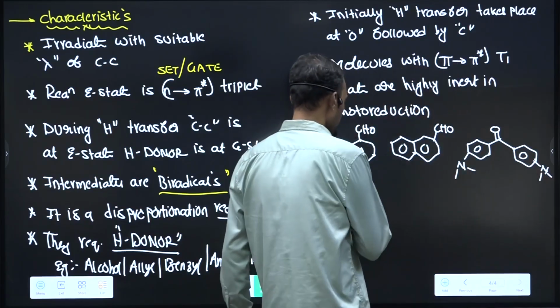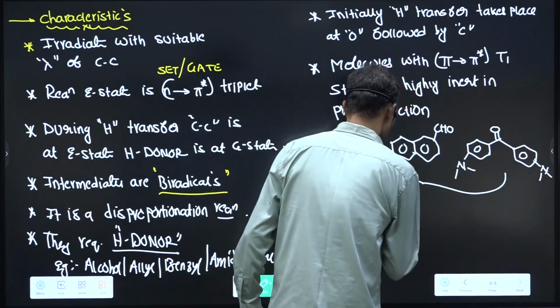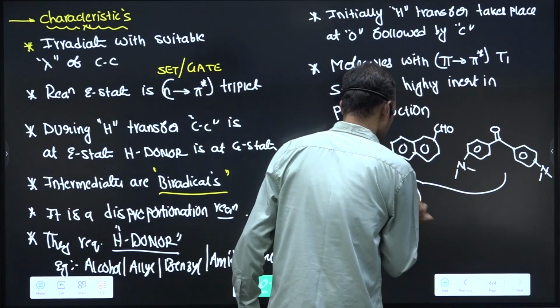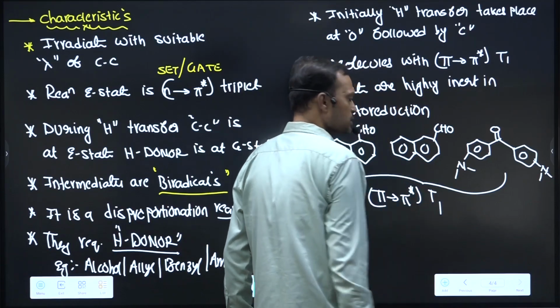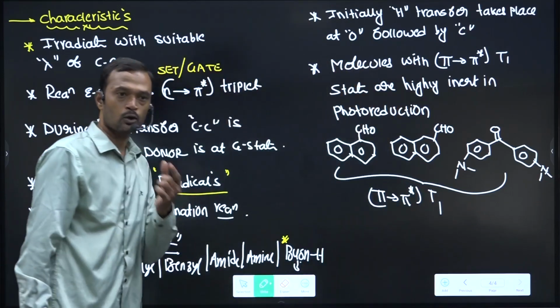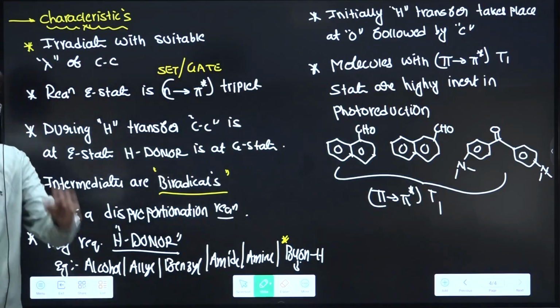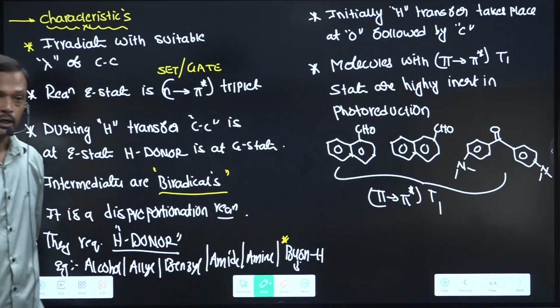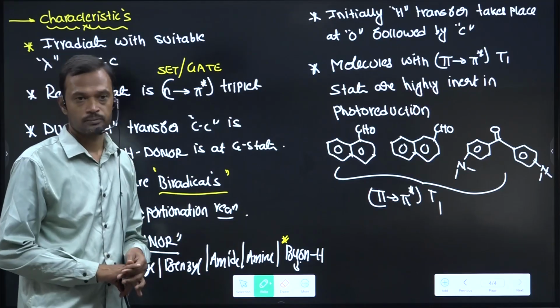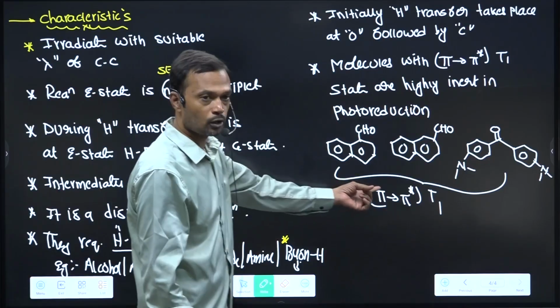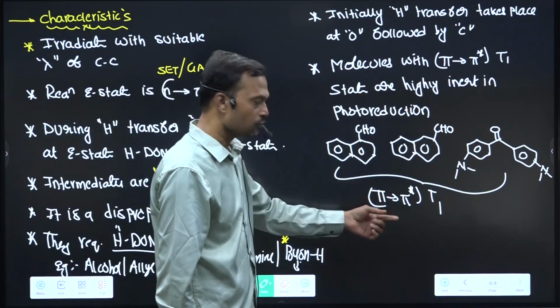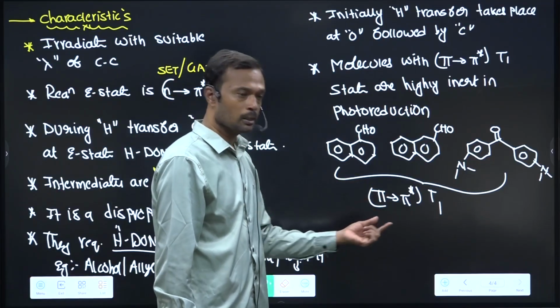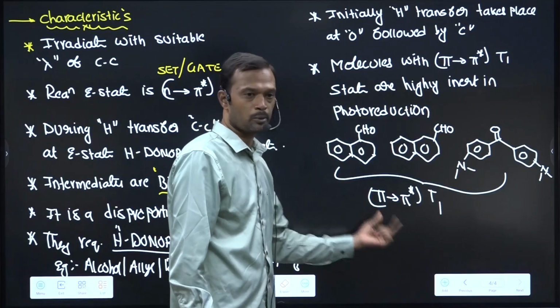So this molecule is ready to form pi to pi star T1. If any molecule forms pi to pi star T1, they never undergo photoreduction. They require different conditions, a different hydrogen donor for reduction. This molecule never undergoes photoreduction because for photoreduction n to pi star is required, but they are efficient in pi to pi star.